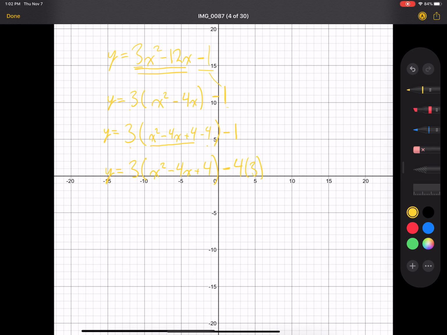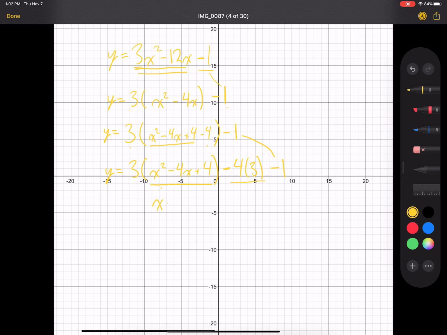we'll bring it outside the bracket, right? How do I get it outside the bracket? This just means it's 3 times x squared, 3 times minus 4x, 3 times 4. But I want to take the minus 4, so I have to multiply it by 3. And then this minus 1, nothing's happening to it. I can just bring it out there. Okay, our next step is, that's a perfect square, right?